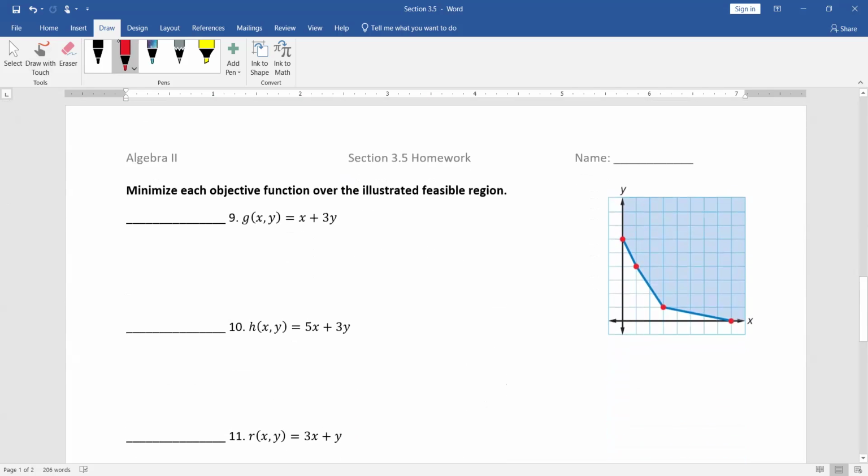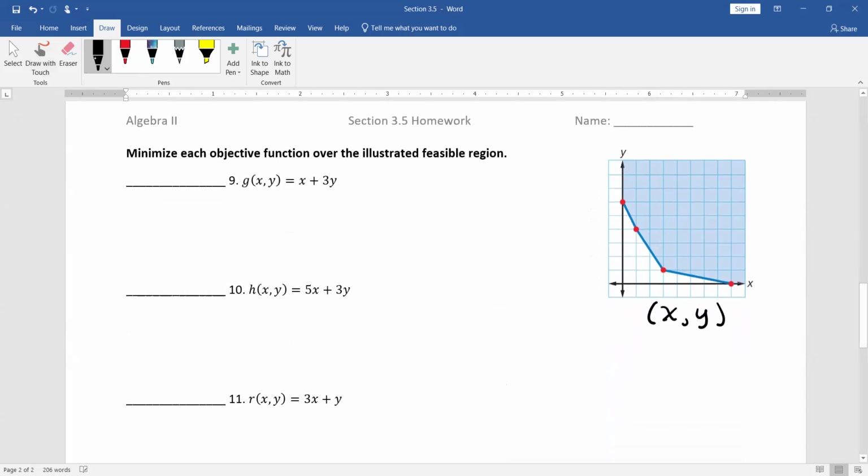All right. In the next part, we are having to minimize each objective function over the illustrated feasible region. So again, new graph here, so new set of vertices. Let's go ahead and document those. My first one is this one up here. So my x is 0 and my y is 1, 2, 3, 4, 5, 6.